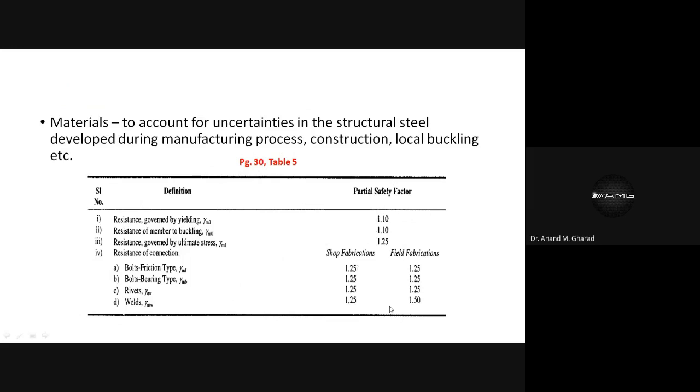We will be making use of all this while solving the numericals. Okay, so we will see what different partial safety factors can be used. So have you understood this thing? Okay, partial safety factors. Yes, sir. Fine.